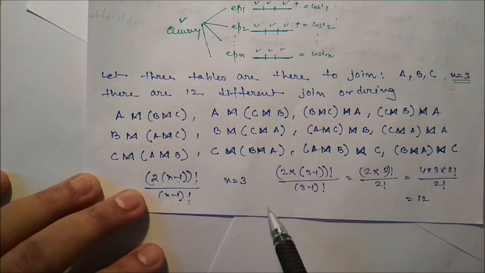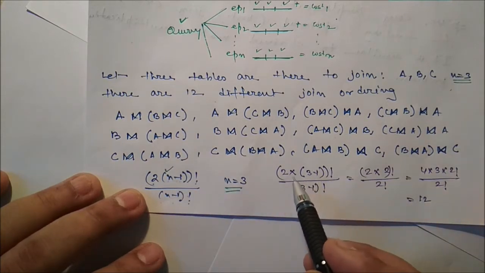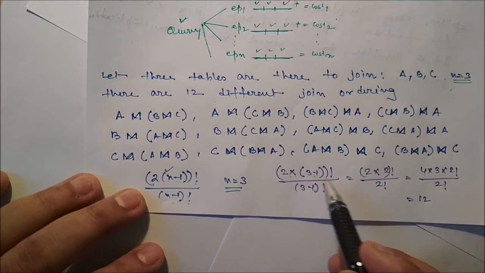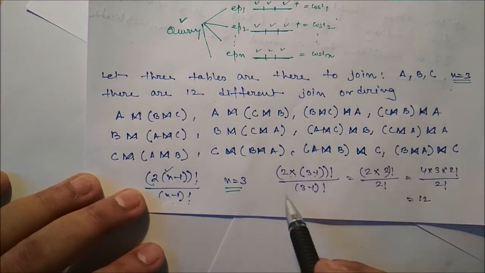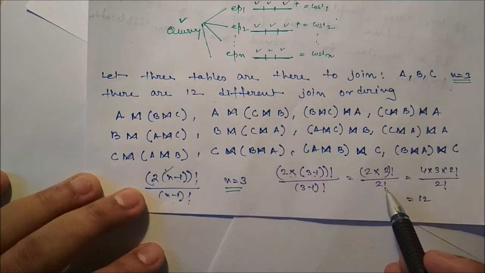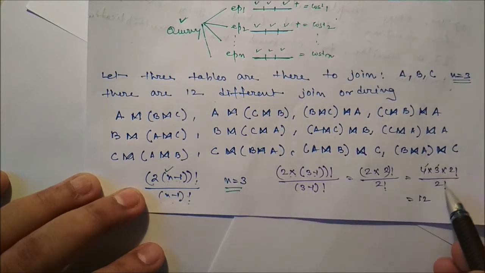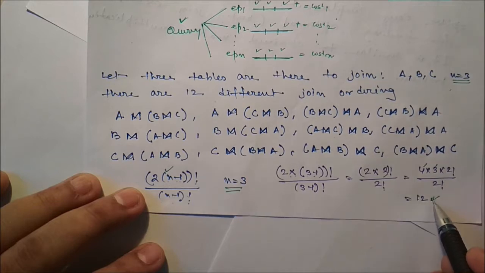So here n is equal to 3. If you put n equal to 3, 2 into 3 minus 1 is 2, so 2 into 2 factorial divided by 3 minus 1, that is 2 factorial. So 2 into 2 is 4 factorial divided by 2 factorial. So 4 factorial is 4 into 3 into 2 factorial divided by 2 factorial. If you multiply these two, 12 is the answer.